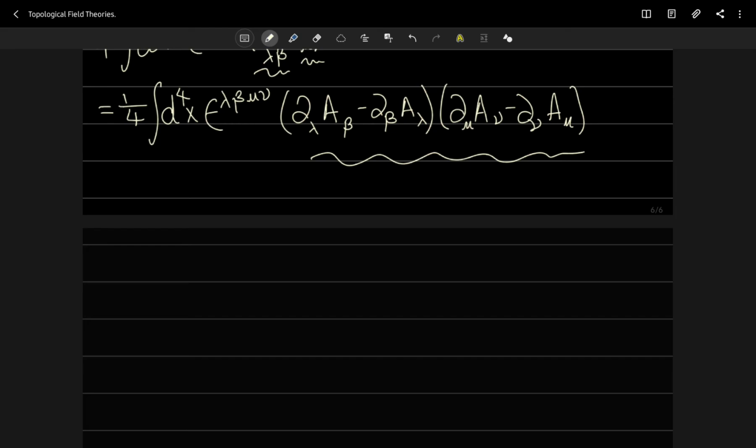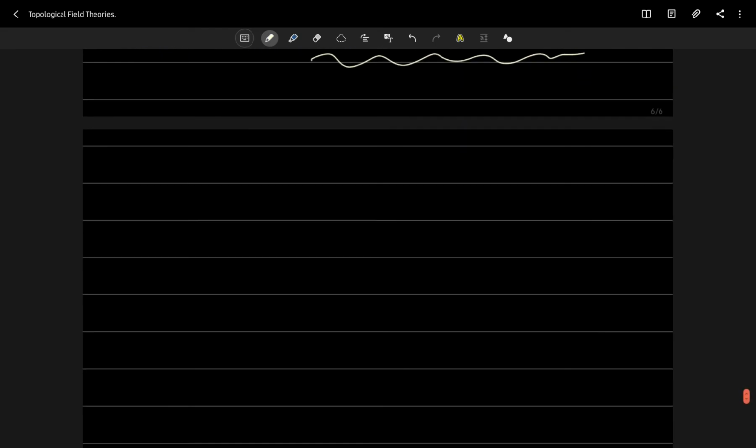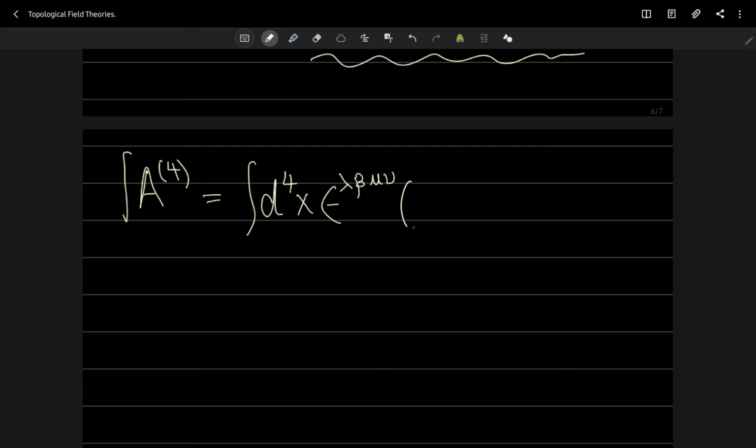You have to take this product and your end result would turn out to be the integral of this 4 form, which is the integral d4x epsilon lambda beta mu nu times partial lambda A beta times partial mu A nu, right?